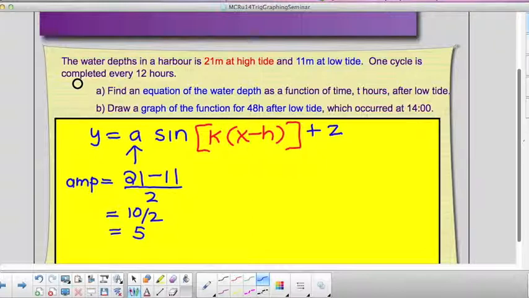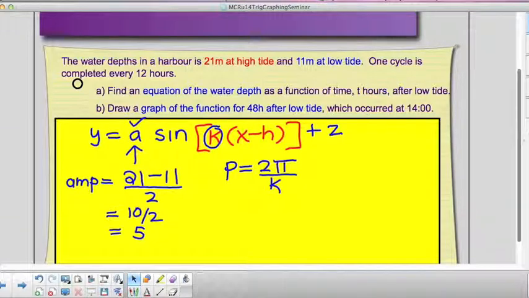Okay, the next thing I want to find: I know what my amplitude is. Great. Now my K term. My K term stands for my period. If I know what the period is, my formula is period is equal to 2 pi over K. But for this particular question, I don't want to know what my period is.